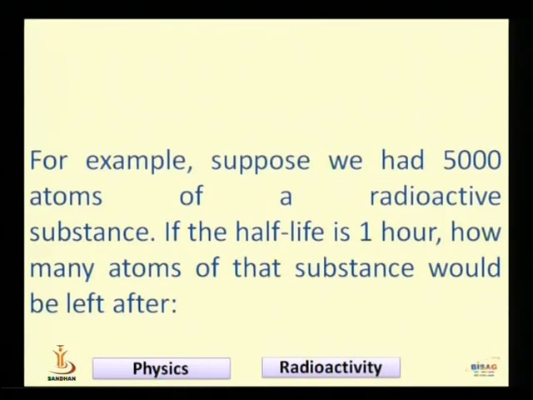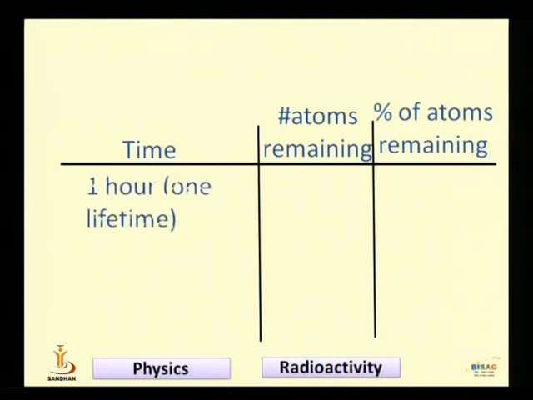Suppose you have 5000 atoms of a radioactive substance which has a half-life of 1 hour. How many atoms of that substance will be left after 1 hour? You can calculate it for each hour. According to the definition, after 1 half-life, 2500 atoms will be the radioactive nuclide, and another 2500 atoms will be other atoms, right?